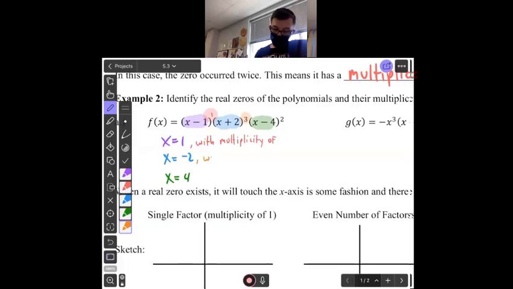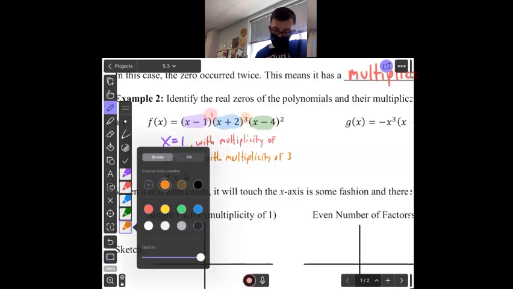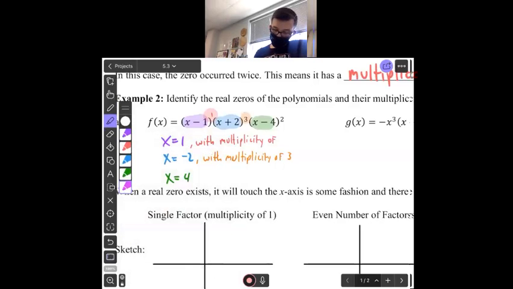So this one would have multiplicity of 3. And then the last one has an exponent of 2, so it has a multiplicity of 2.